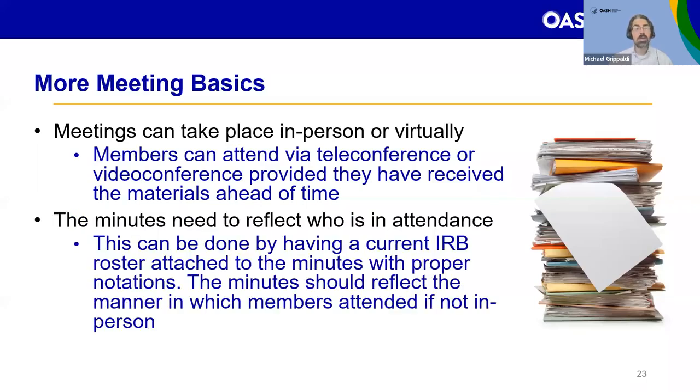The IRB minutes should document who attended, and if the individuals did not attend in person, it should say how they attended. So for instance, Dr. Smith attended online through a video platform, or Dr. Jones attended the meeting through a telephone.